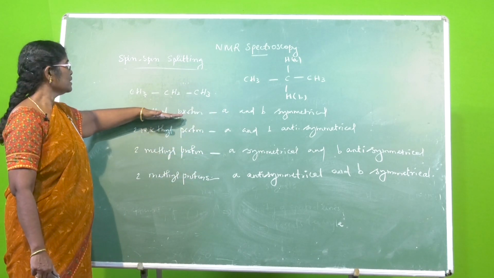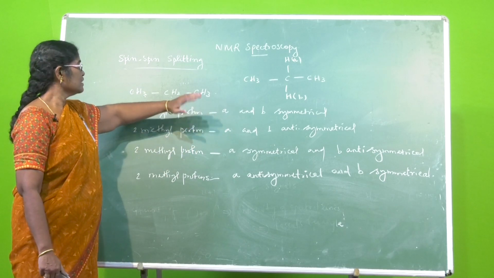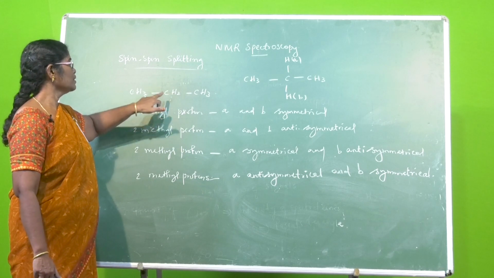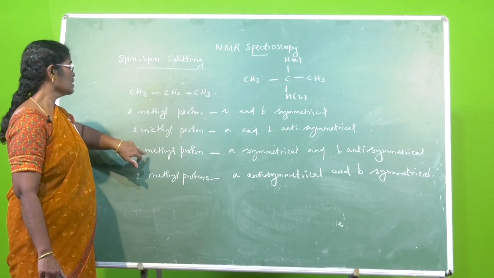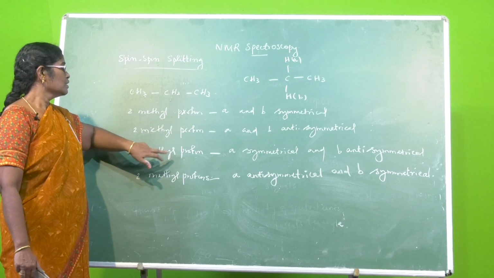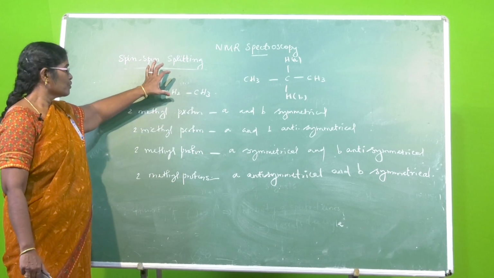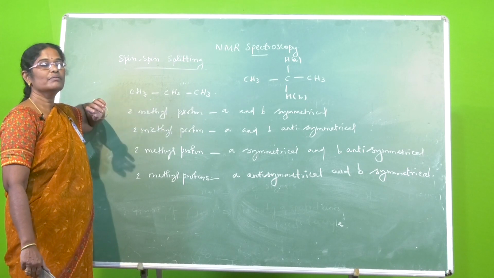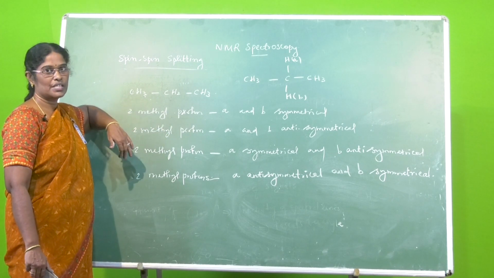One is that both the methyl protons can interact symmetrically or unsymmetrically with the methylene protons. The other is the third case, and the fourth one, where two of the methyl protons can interact, one with a symmetrical system and the other with an anti-symmetrical system, and vice versa.